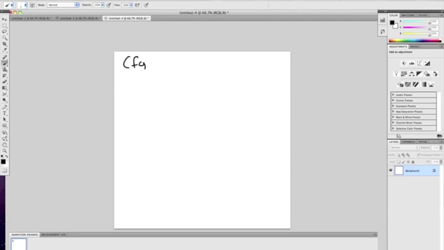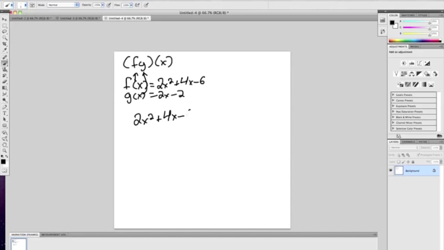Multiplication will be shown like this. Again, we're going to be using the same numbers as before. Now you would plug in f of x for f and g of x again for g. Now all you would have to do is just distribute the numbers.